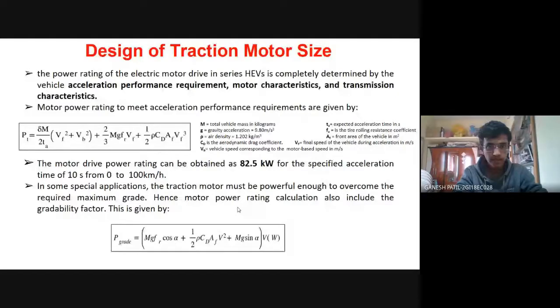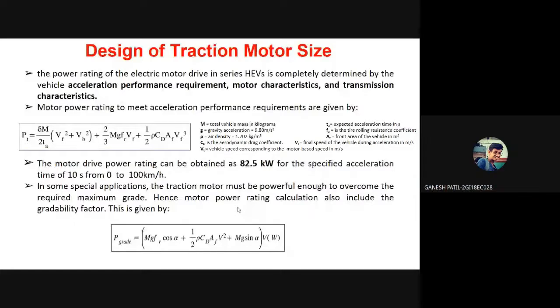Yes, sir. So when we substitute all the values for the constants, such as the rolling resistance coefficient, and CD, which is the drag coefficient for our vehicle, which we get from software when we design the vehicle, we have to optimize it properly to minimize the drag.